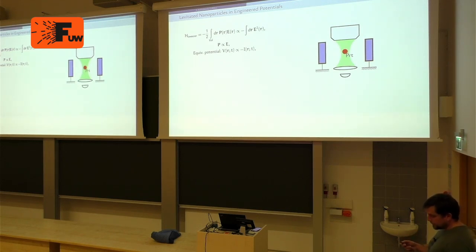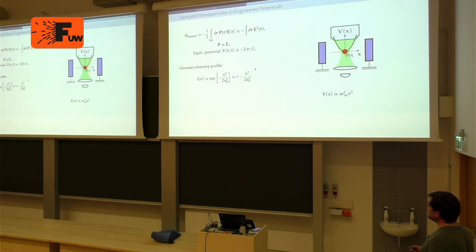If the intensity field is inhomogeneous, so basically there are places where the field is stronger, then the particle will be dragged towards the point where the field is stronger. Mathematically, it looks like the effective potential for the mechanical motion is proportional to the intensity of the trapping field.